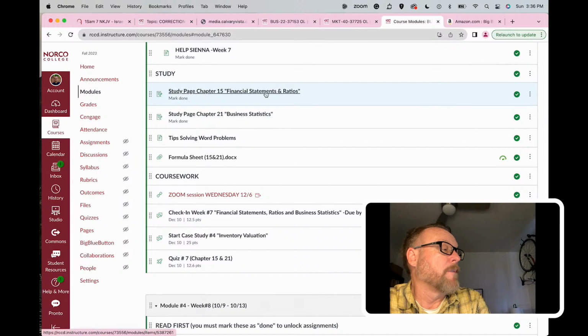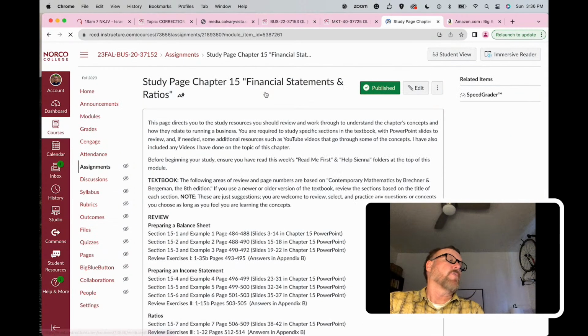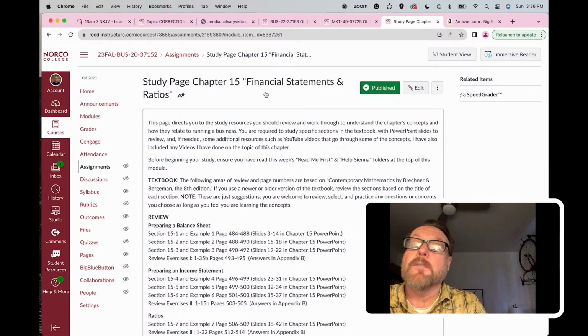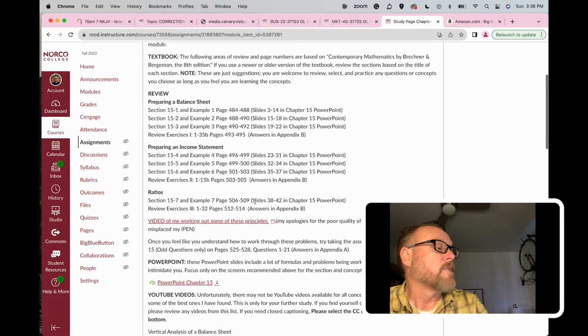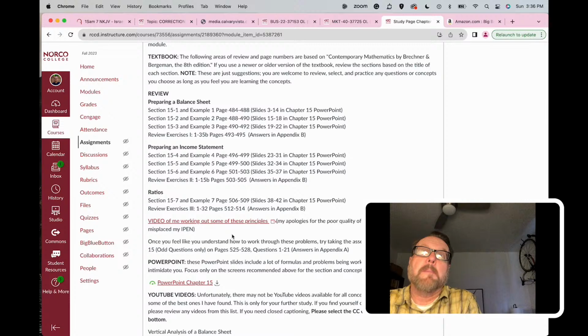But when you go into the different chapters, or the study pages for these, I've already done a video right here of me working out some of these principles, so how to do the vertical and horizontal analysis. There's also some ratios. There's probably about 15 different ratios, and they're really just formulas, but each ratio shows you something a little bit different about the health of your business.